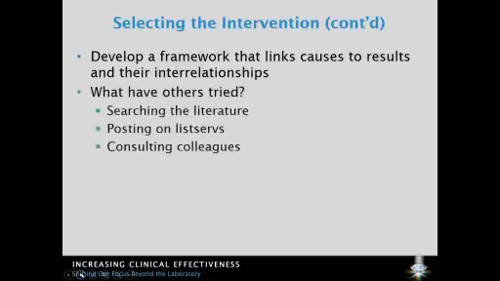We shouldn't reinvent the wheel. We have lots of resources to understand what others have tried. Now you can search the literature. Just Googling for the problem, and maybe adding the words quality improvement, will potentially bring you other sources of what people have tried. You might find gray literature such as abstracts or poster sessions.